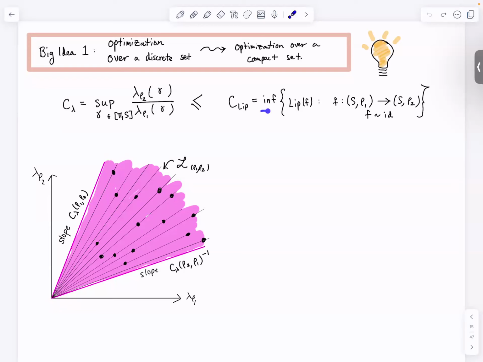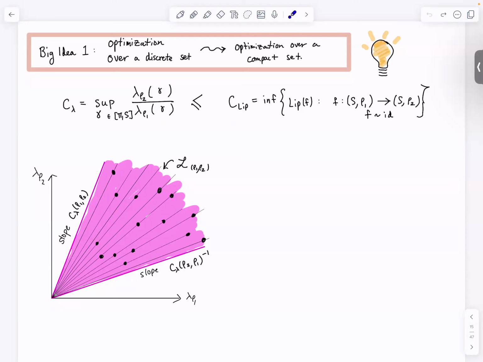So we'll call this infimum C lip, the infimal Lipschitz constant associated to two hyperbolic structures on S. And it's an easy exercise you can probably do in your head right now to show that C lambda is actually less than or equal to C lip. Okay, that's elementary.